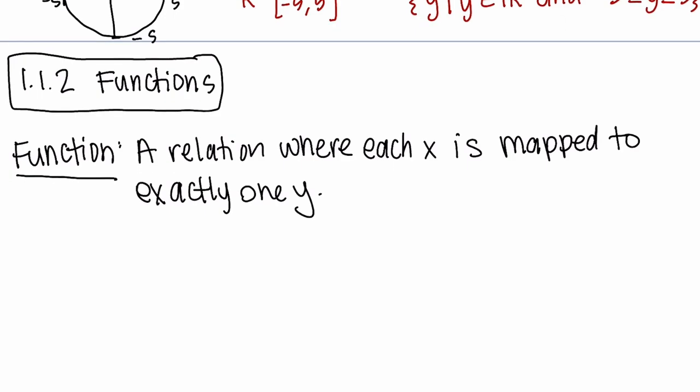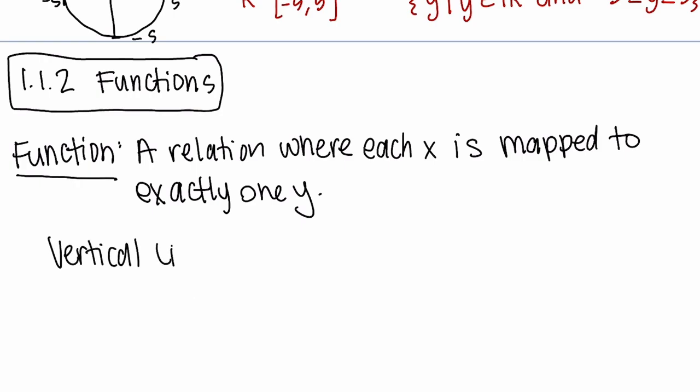So functions, each x has exactly 1 y, which on a graph... technically 1.1.3 is the vertical line test, but I'm going to talk about it right now.